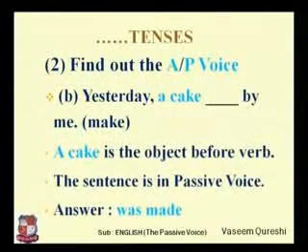A cake is the object which is before the verb, so the sentence is in passive voice, and the answer would be was or were plus past participle, and a cake is singular, so we have to select was. So the answer is was plus made. So yesterday a cake was made by me.